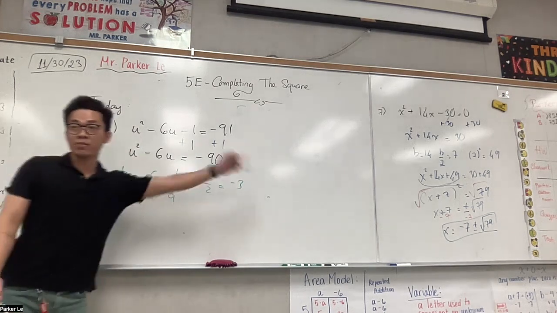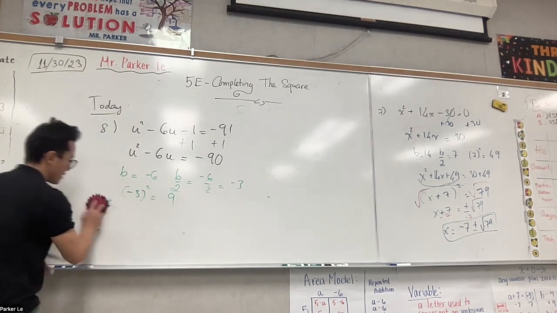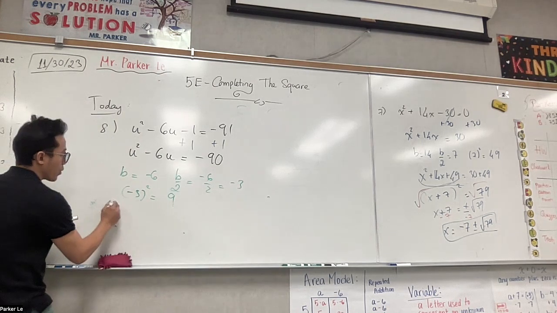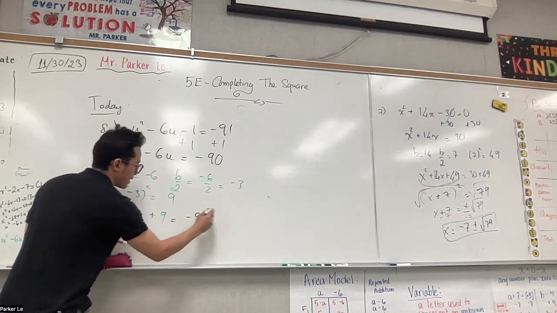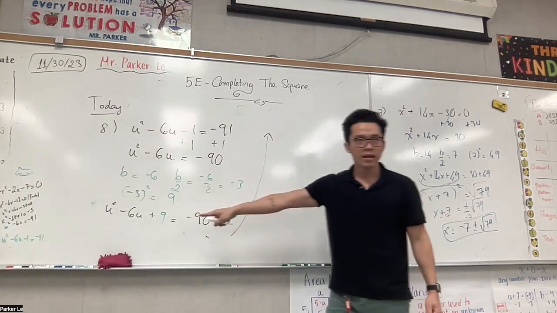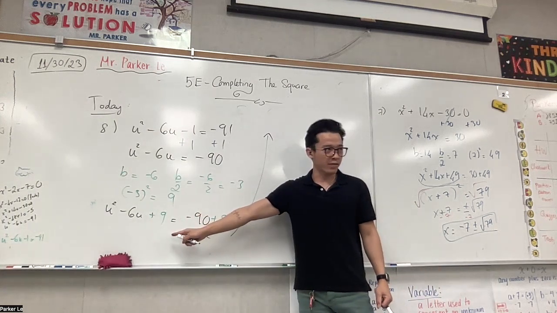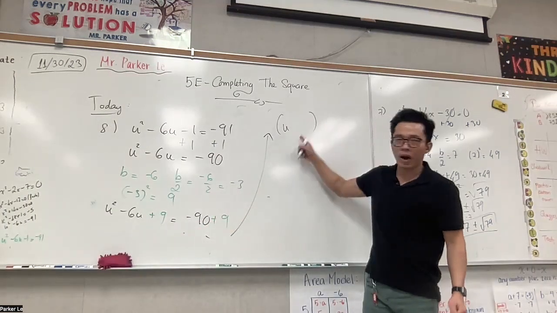Add to both sides. So u squared minus 6u plus 9 equal to negative 90 plus 9. I'm gonna continue over here. A lot of you make a mistake at this step, the last step. I know this is gonna happen. What did you write inside here?